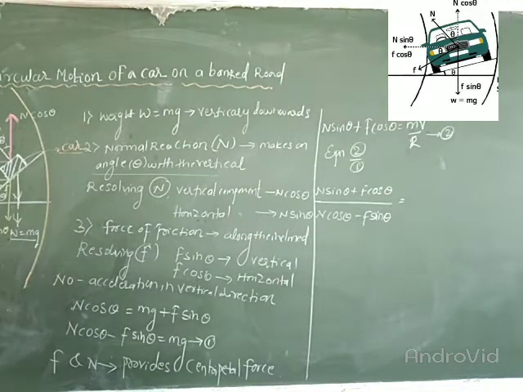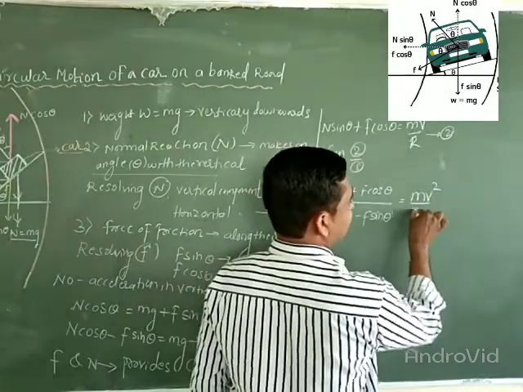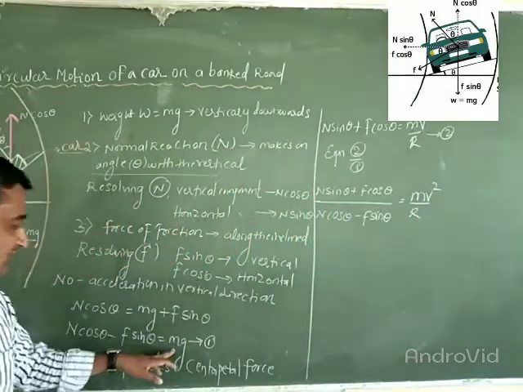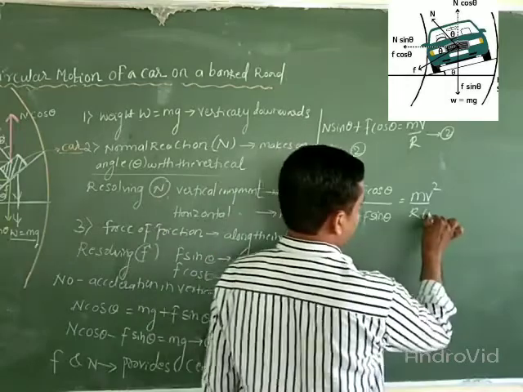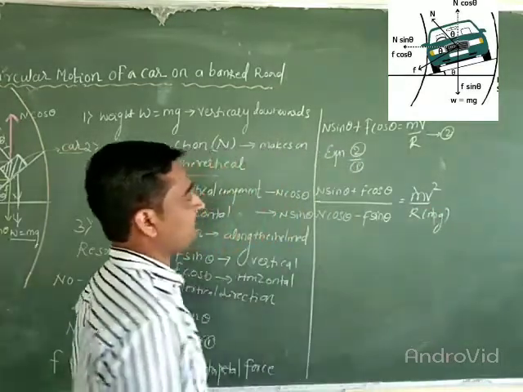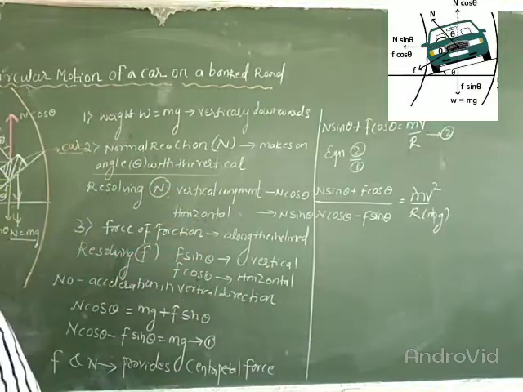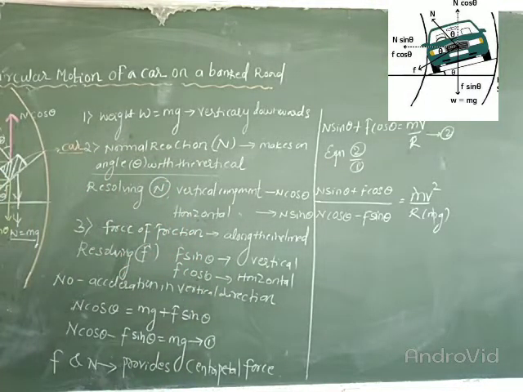We are dividing equation 2 by 1. In equation 1 we have mg. So now this m and m get cancelled here. And N sin theta plus F cos theta divided by N cos theta minus F sin theta is equal to v square divided by r g.